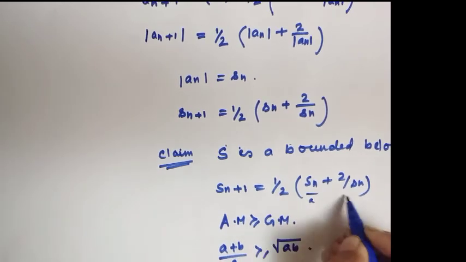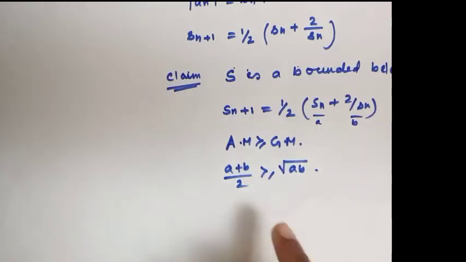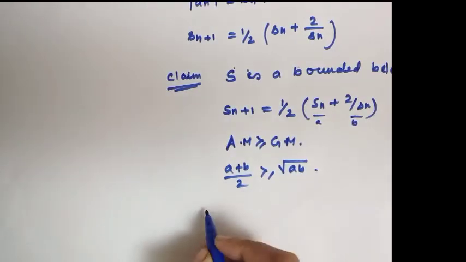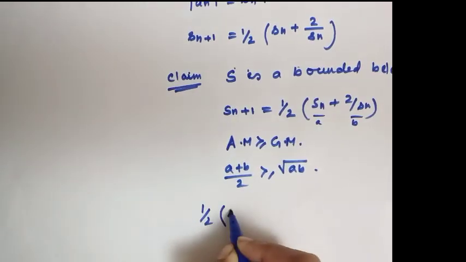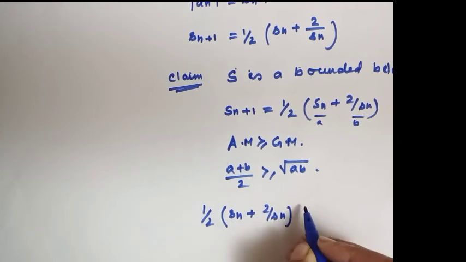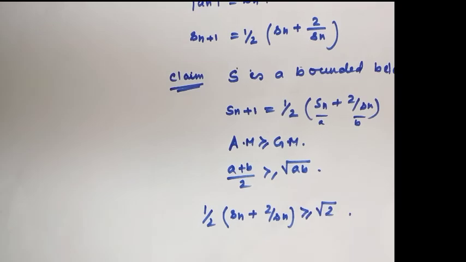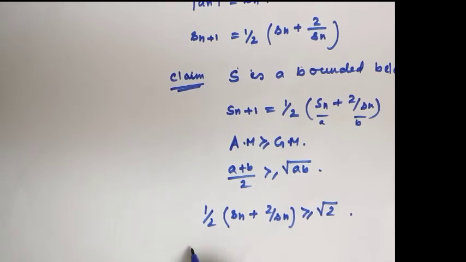Here this is a, this is b. Then from this property I will get 1/2 (S_n + 2/S_n) is always greater than or equal to the square root of 2.